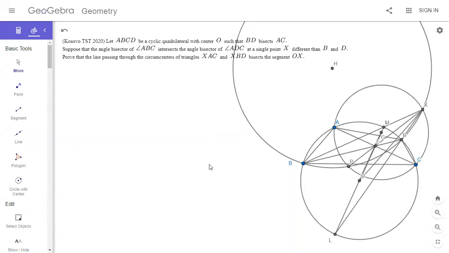So is this just some property of the Miquel point that angle OPX is 90 degrees? Yeah. I'm going to see if I can try to prove this property. All right.